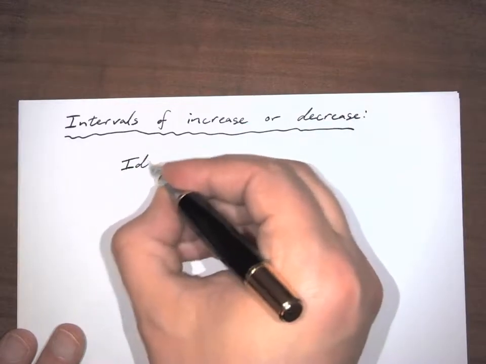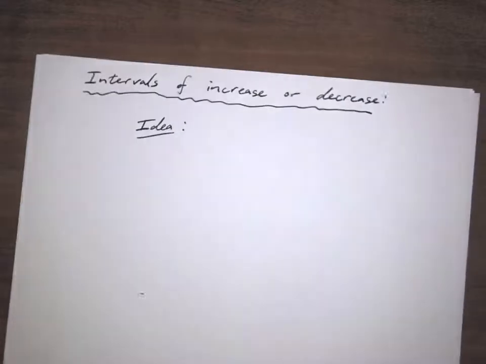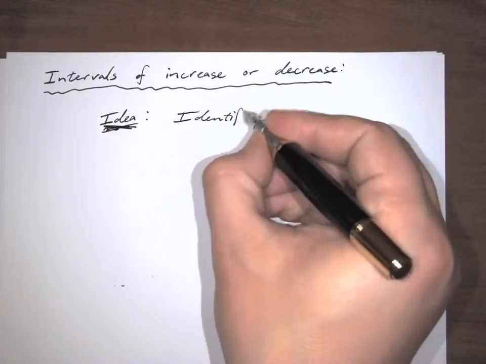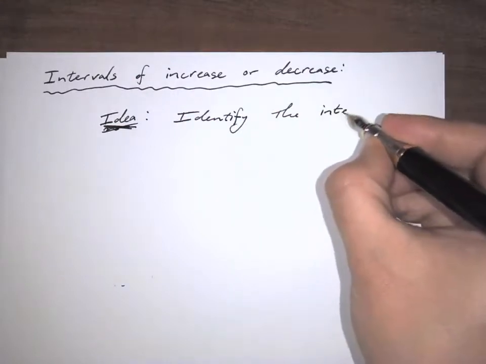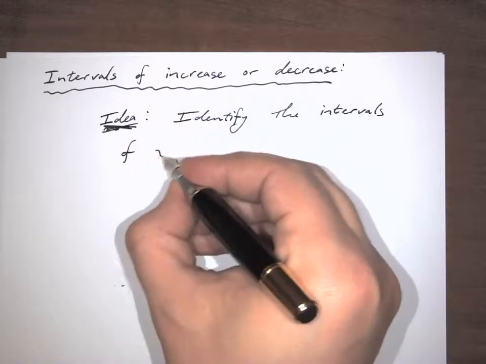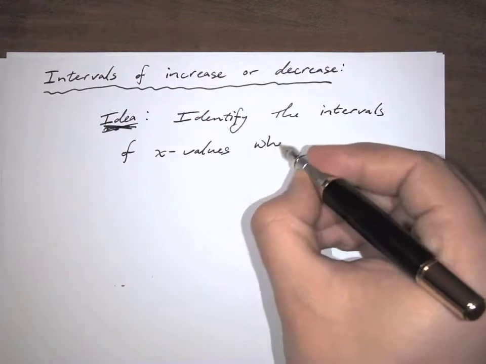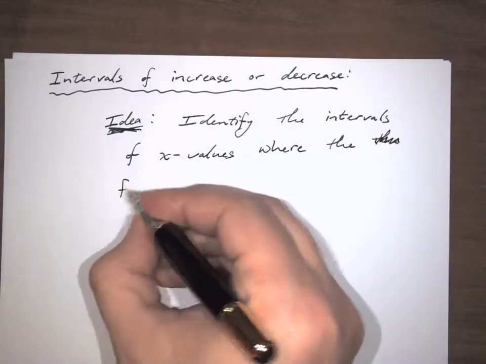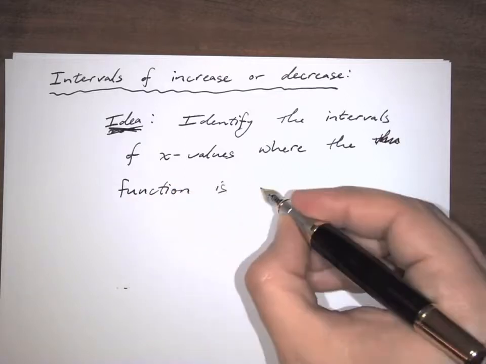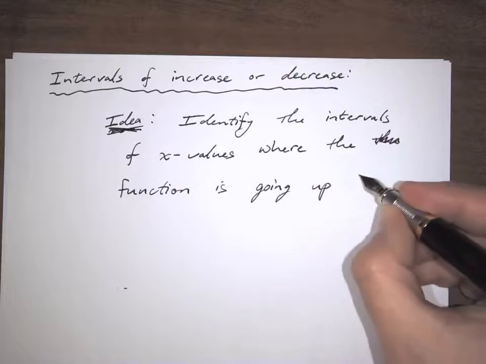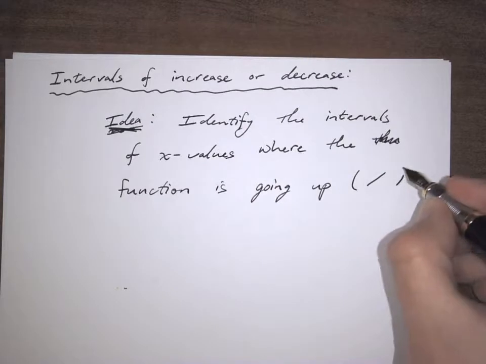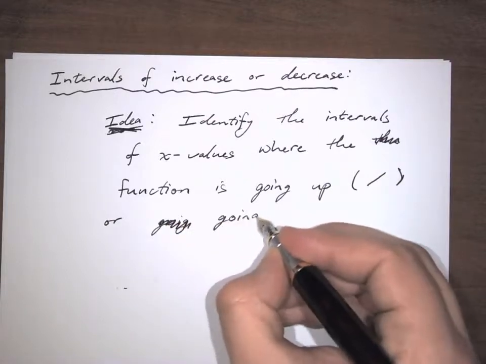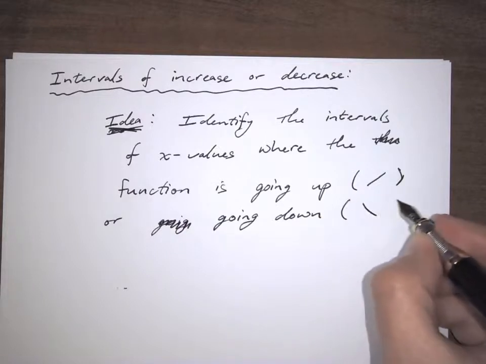The idea here is to identify the intervals of x values where the function is going up, in other words, slanting this way, or going down, in other words, slanting that way.